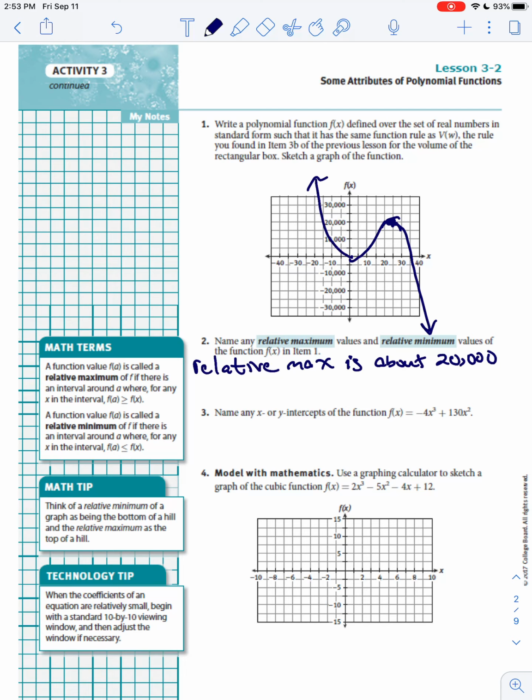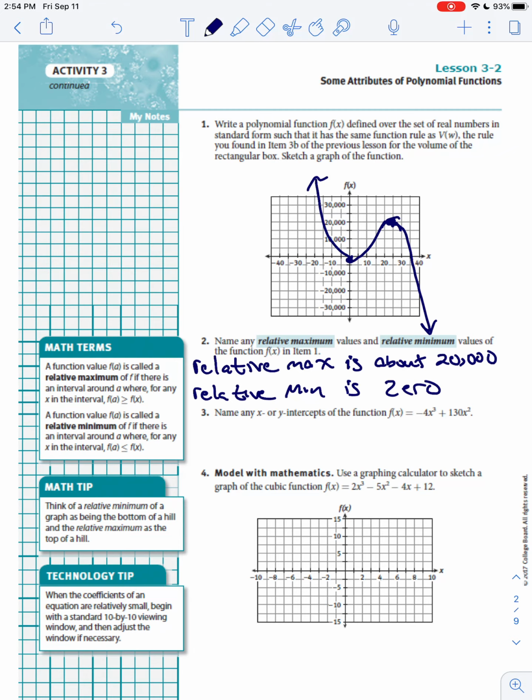Now a relative min is a low point in the graph. Our relative min is right here at about 0. That's a low point in the graph, but it's not the absolute lowest point of the graph.